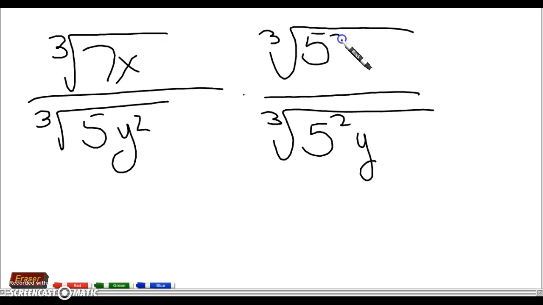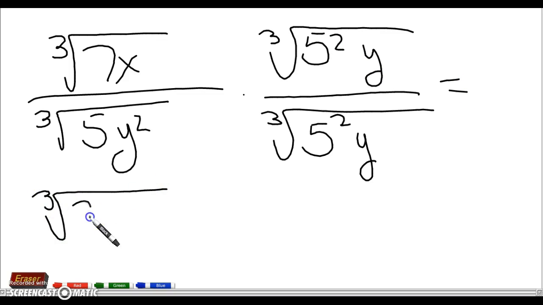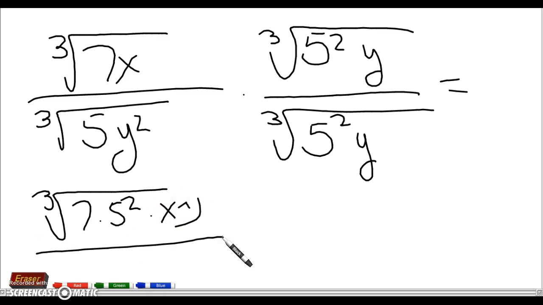So whatever I do to the bottom, I have to also do to the top. So now when I multiply, I get the cube root. At the top, I get 7 times 5 squared times x times y, all over 5y, because it goes away now, because I know that I just took the cube root. Or just for the people that want to see that, let me break it down. So 5 cubed y cubed.